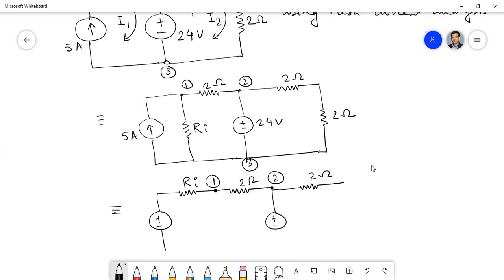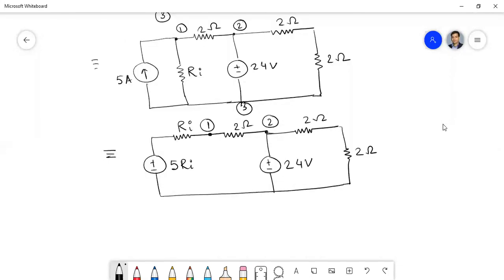What will be the value of the voltage source? Quickly tell me. The first one, 5 Ri.